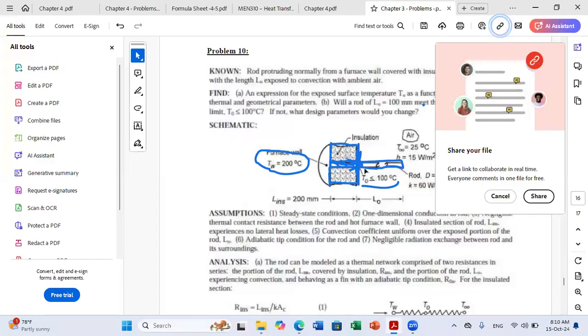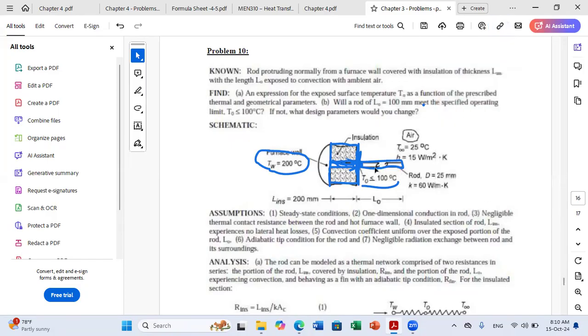That's why in this design, it's not like a conventional fin. For a conventional fin, it's good to increase the conductivity. The higher the conductivity, the better. But here you have two aspects. If you increase the conductivity, it's true that the heat evacuated in the part exposed to T infinity will be better, but the heat conducted through the insulation will also be higher.